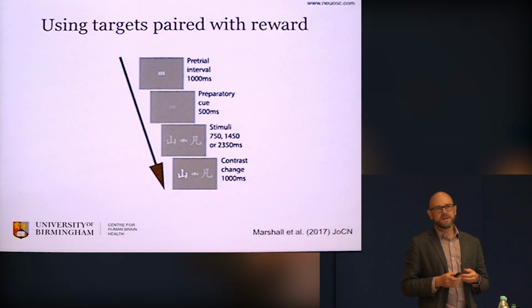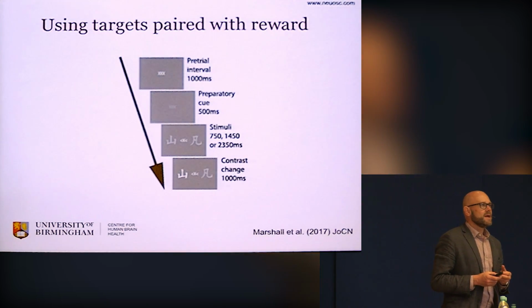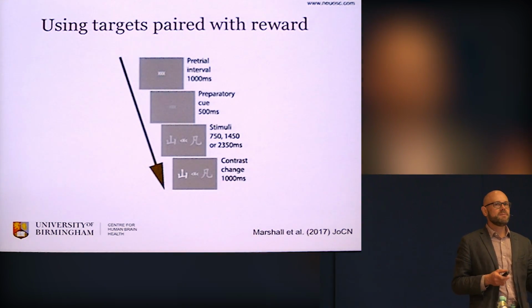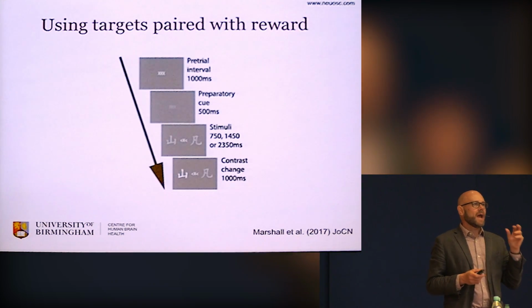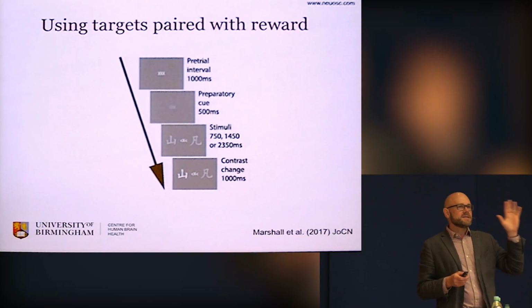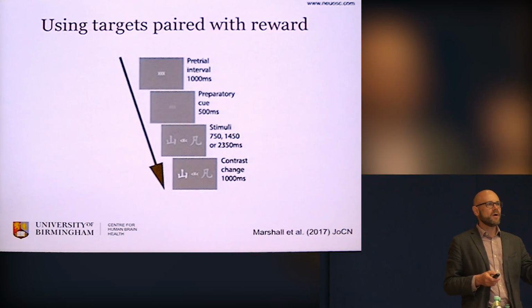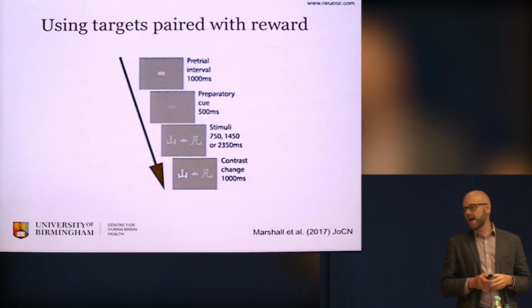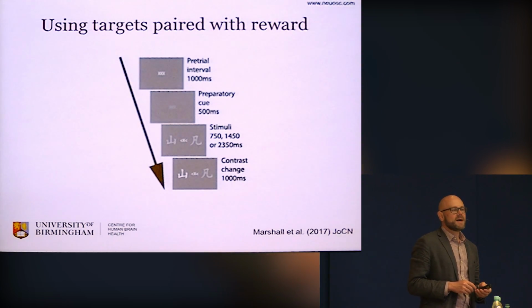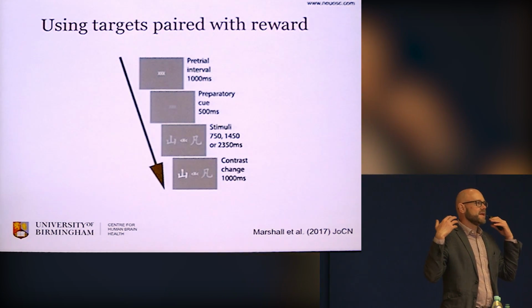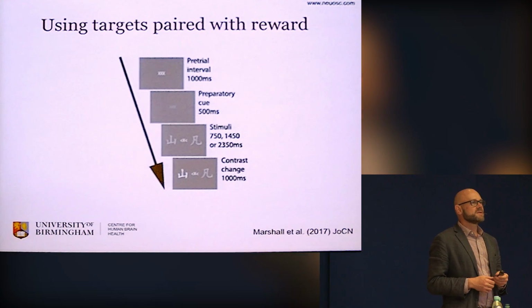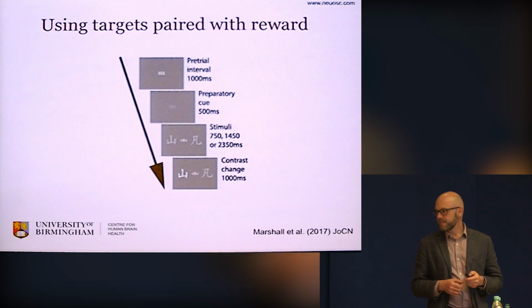Then we used these characters in a lateralization paradigm again, where people are cued to the left or the right, and then the items they were attending to were either associated with reward, loss, or they were neutral items, right? So we then asked to what extent the posterior alpha oscillations were modulated by these reward contingencies.